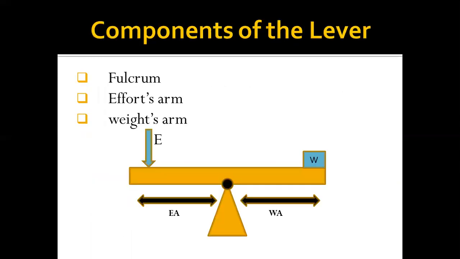So here as we can see, the fulcrum is situated centrally between weight and effort. The fulcrum may be situated centrally or it may be shifted to either side of the lever. So the effort arm and the weight arm may be equal in length or one may exceed the other.